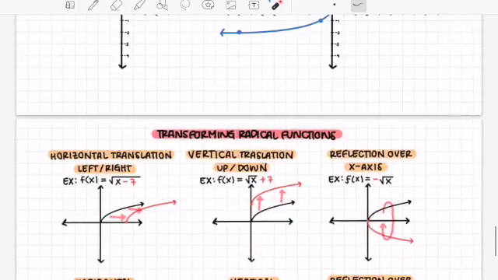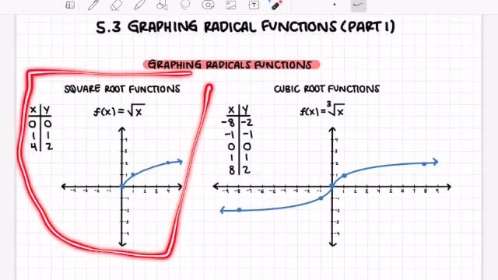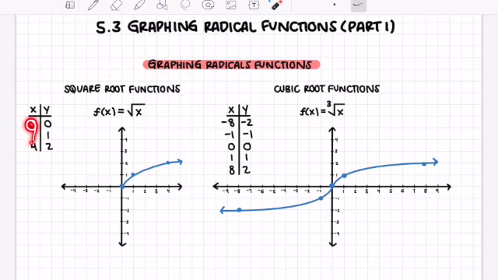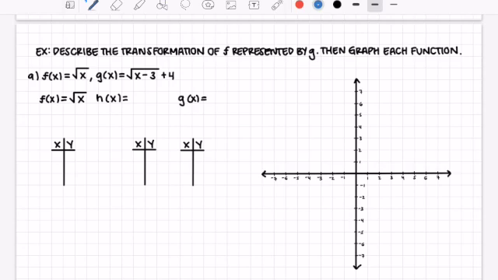Whenever we're graphing square roots, we like to use the numbers 0, 1, and 4. Those are always our key numbers to start off with. The square root of 0 is 0, square root of 1 is 1, and square root of 4 is 2.